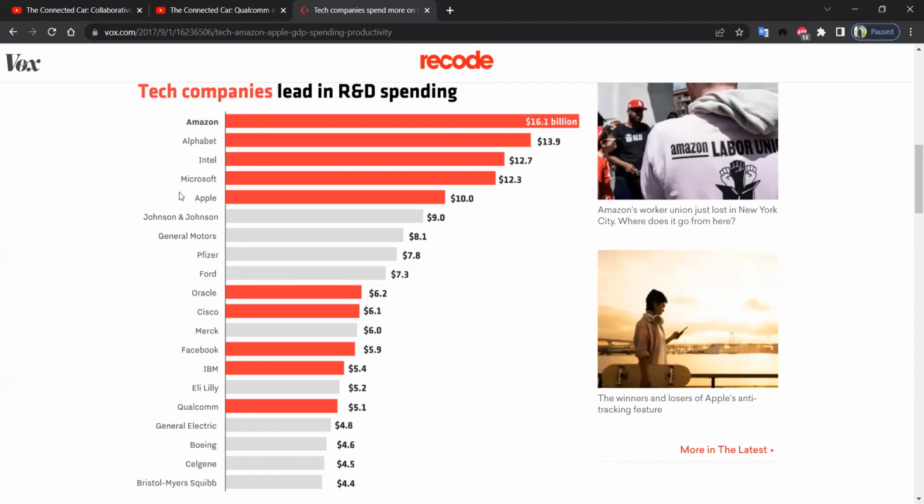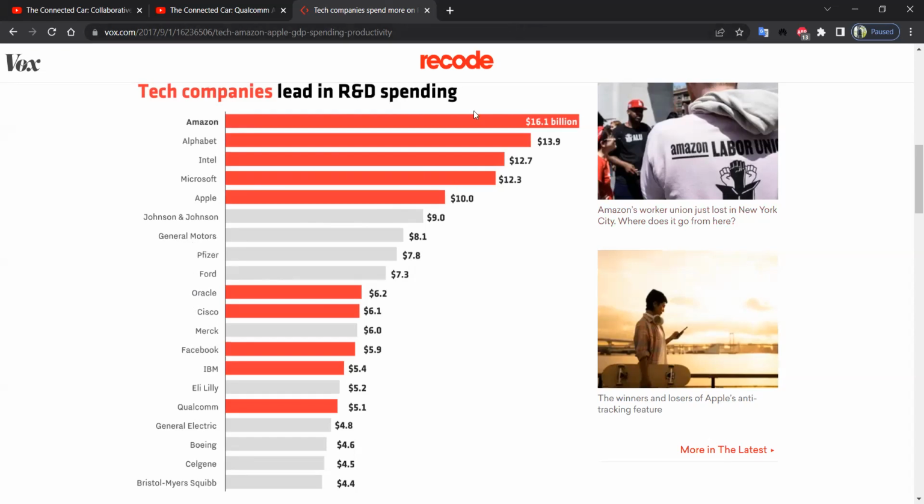Then we have Intel, Microsoft, Apple, then Johnson & Johnson, General Motors. The ones in red are the tech companies. The lighter ones, what color is that? Light red or maybe pink. Those are not tech companies, just some industries.